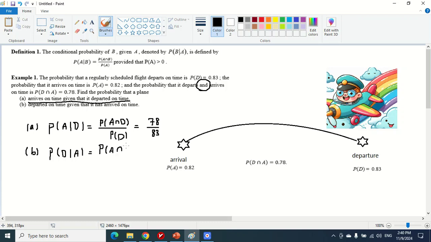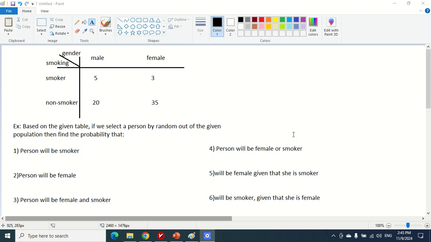You can write A intersected by D instead of D intersected by A, over the probability of A. And again, their intersection is 78 over 100, and the probability of A, or arriving on time, is 82. So we have this value for part B. So right now we have one example.